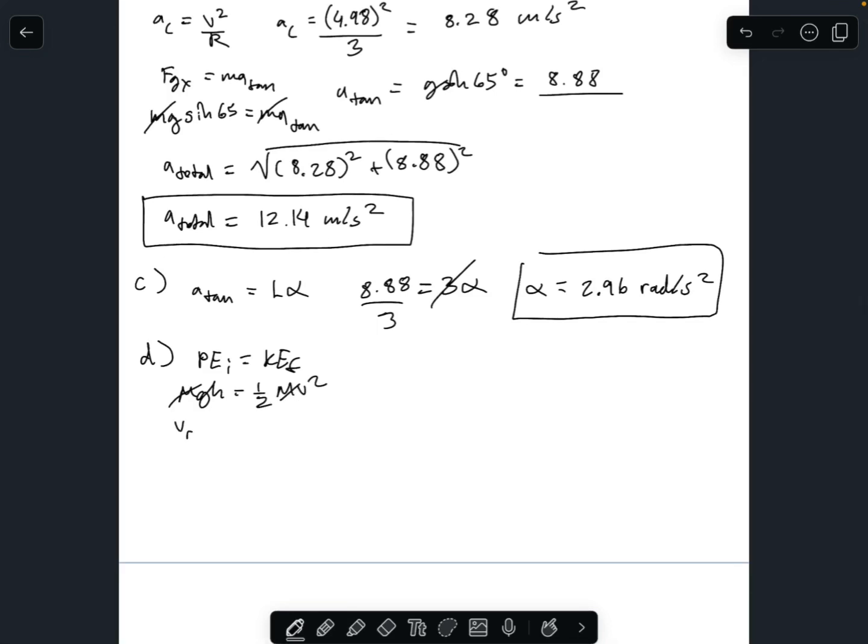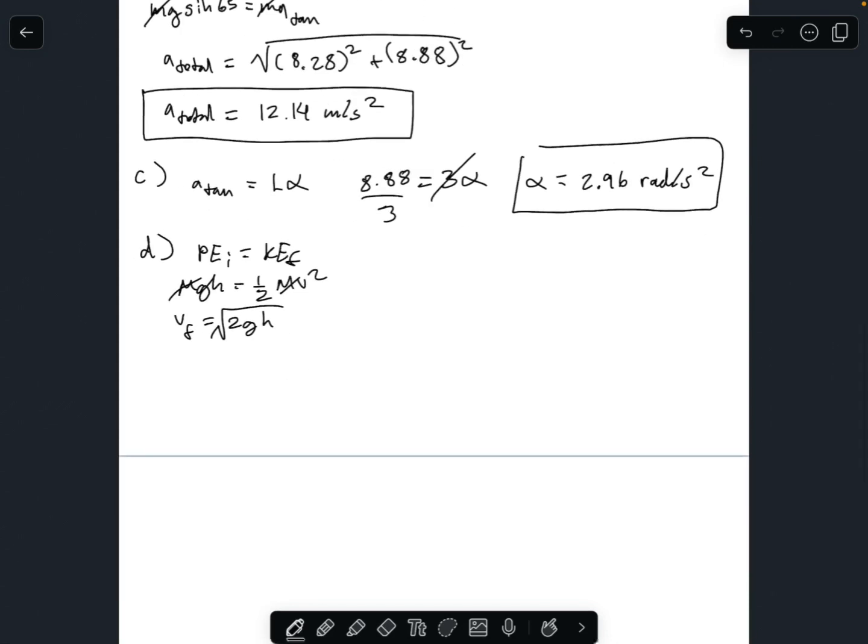So vf at the lowest point is going to be the square root of 2gh. Then you just plug everything in. That's hi. The final velocity at the lowest point is 7.67.